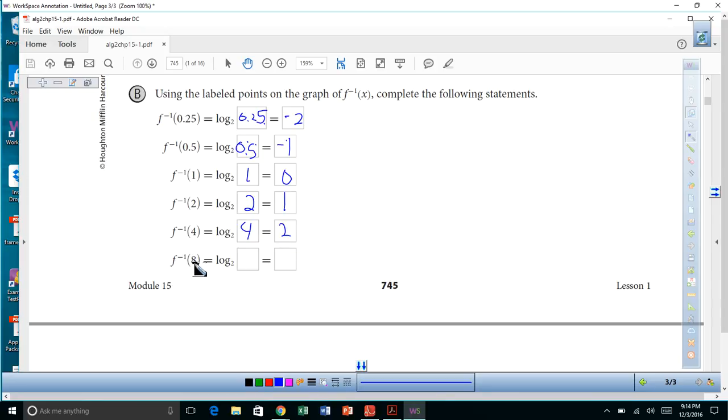The inverse of f of 8 equals log base 2 of 8, equals 3. And that's because 2 to the third equals 8, 2 squared equals 4, 2 to the first power equals 2, 2 to the 0 power equals 1, and so on.